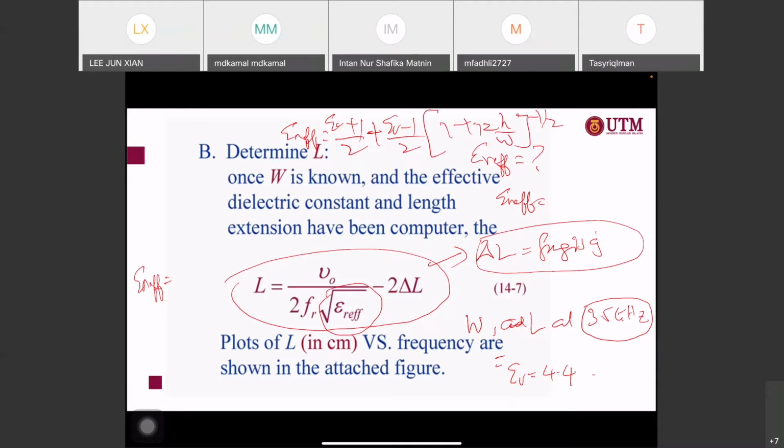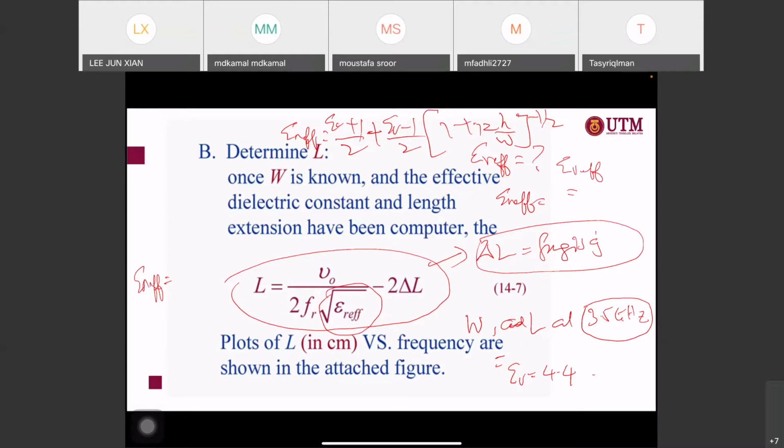Epsilon R you know, H I say is 1.6 millimeter, and W everybody got 26 millimeter, so you can just put W equal to 26 millimeter. From here, calculate your epsilon R effective. Doctor, I got 2.8. 2.8, or 0.8 or so, is it? Okay, I want the other answer.